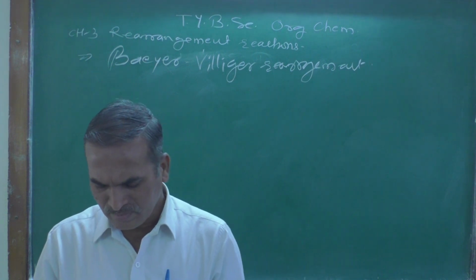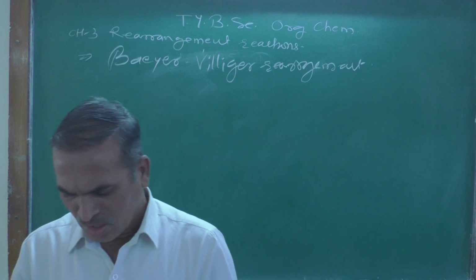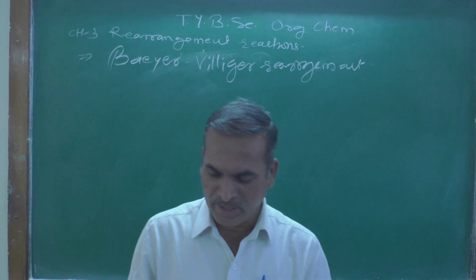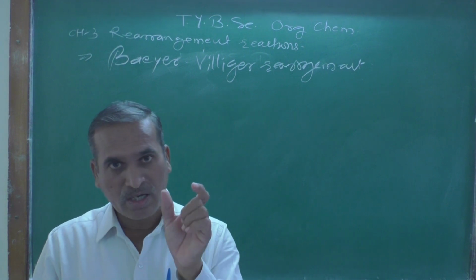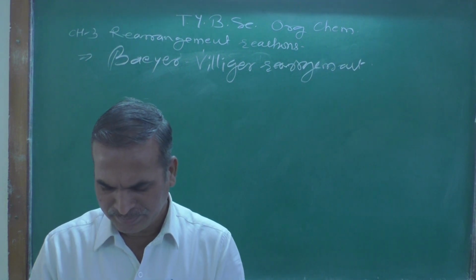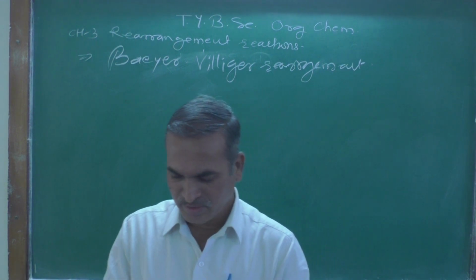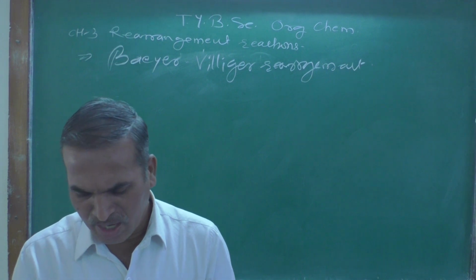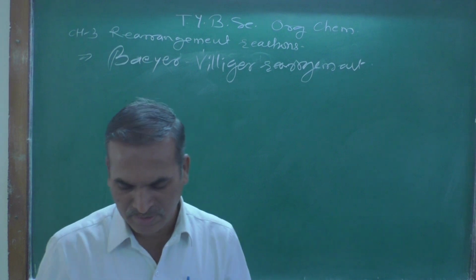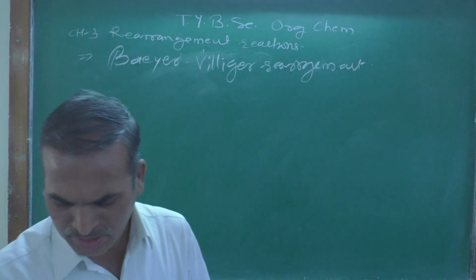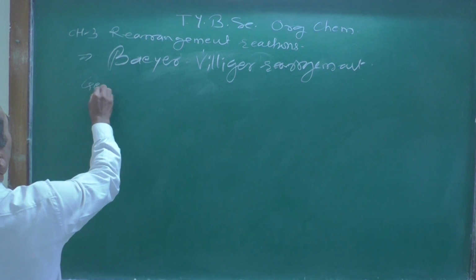And the peracid is added to the carbonyl group. The rearrangement may be facilitated by an intramolecular hydrogen bond. The general reaction is shown over here.